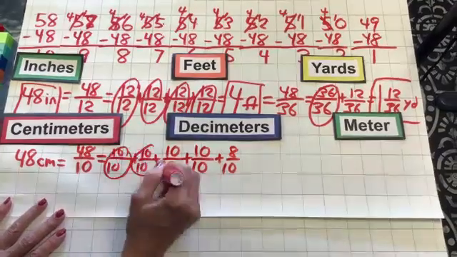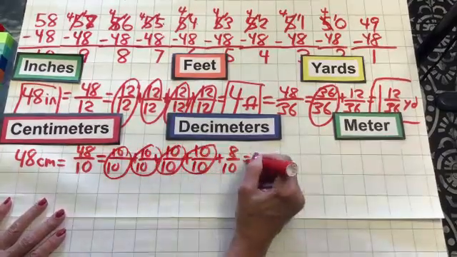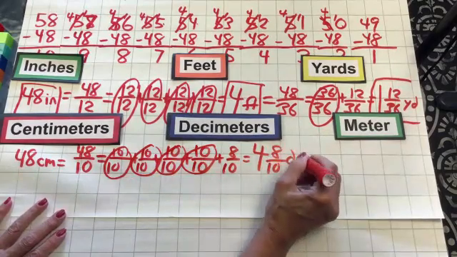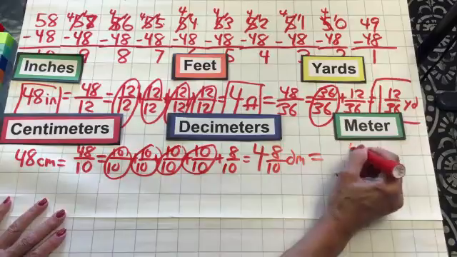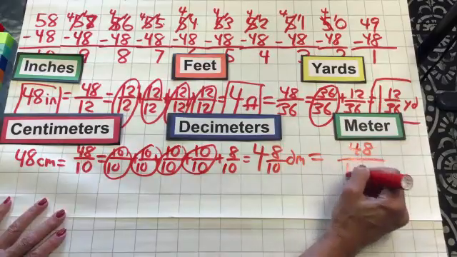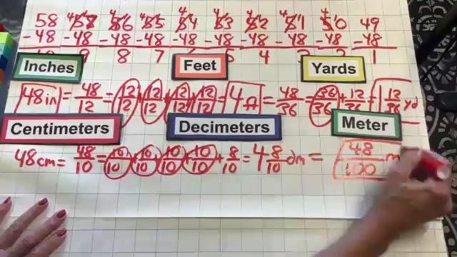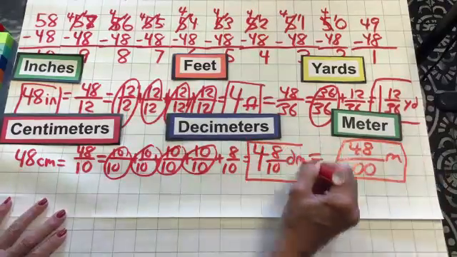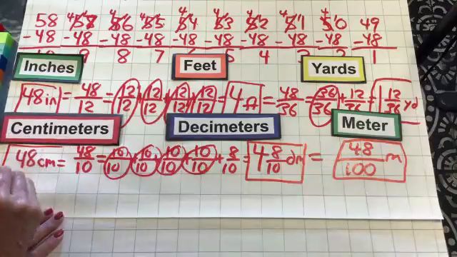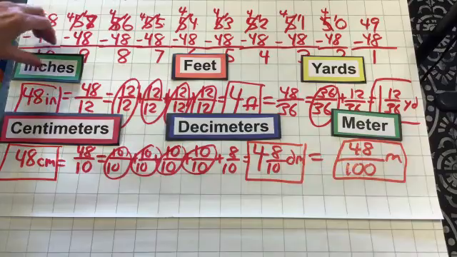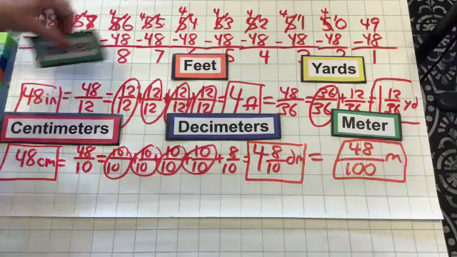So we know we have 1, 2, 3, 4 whole decimeters with 8/10 left over. And we know that is 48 hundredths of a meter. So 48 hundredths of the meter is the same as 4 8/10 decimeter, which is the same as 48 centimeters. Woo! Cooking there with our linear measurement.